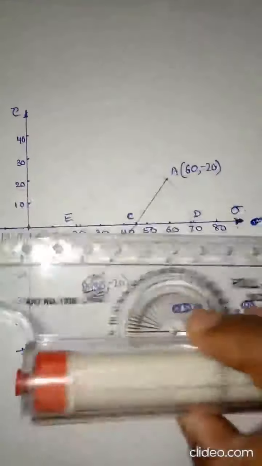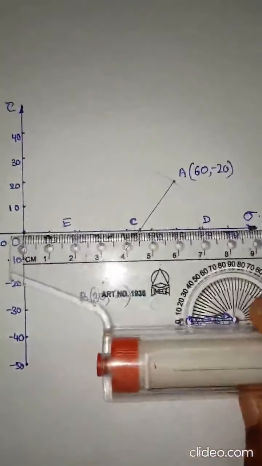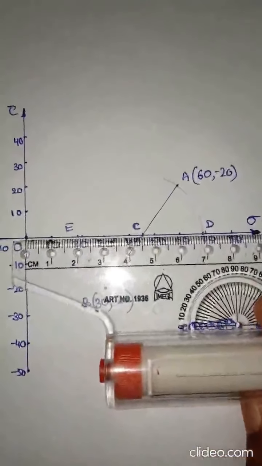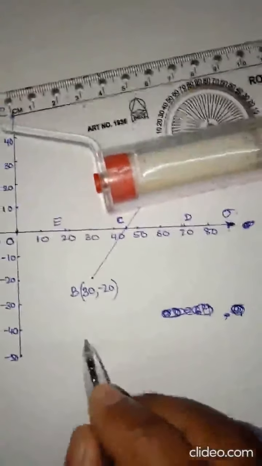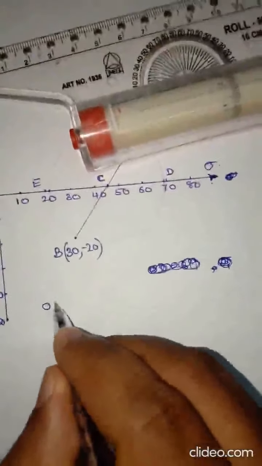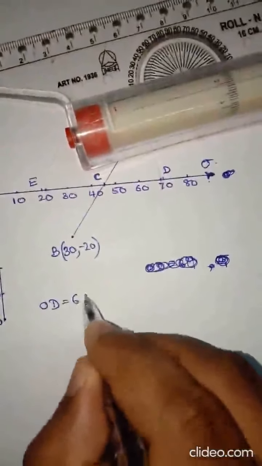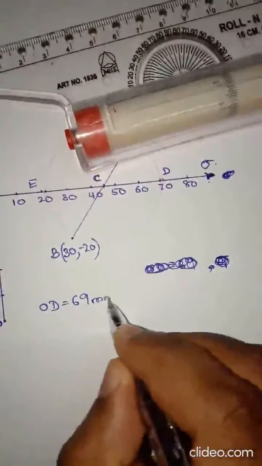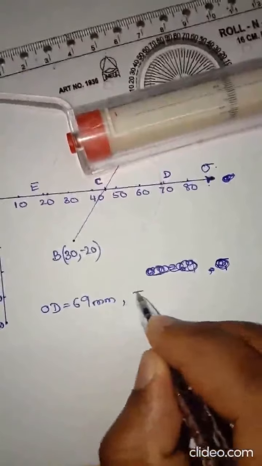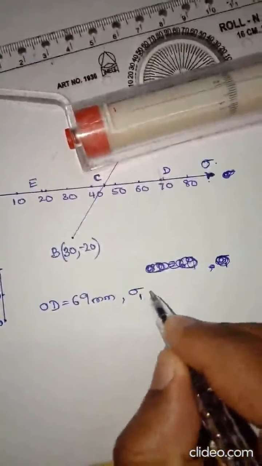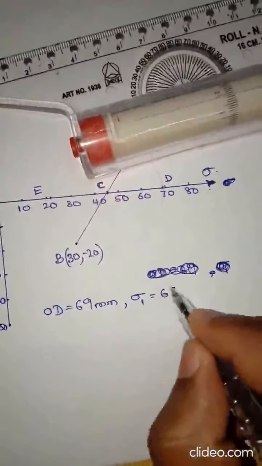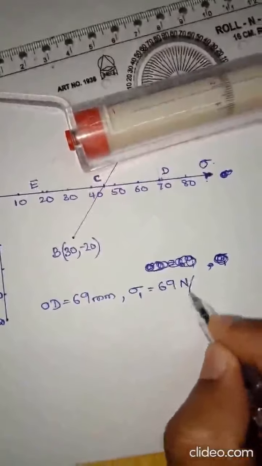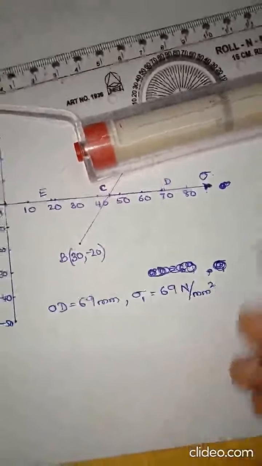After drawing the circle, we will measure OD. OD is about 69, so OD is equal to 69 mm. This represents the maximum principal stress sigma 1. Converting to scale, this is 69 Newton per mm square.